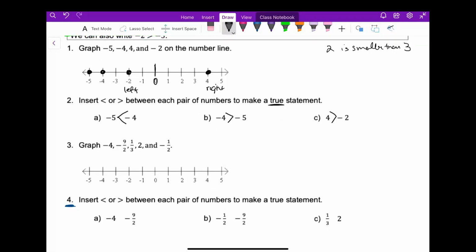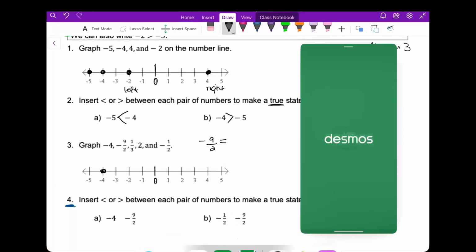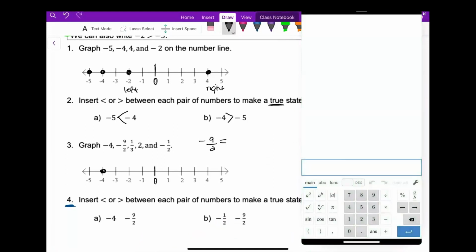So we have graph -4, -9/2, 1/3, 2, and -1/2. I always look at that 0 and then determine my left side. So here's -4, and -9/2. I can divide this. I can bring up my calculator if I don't know what to picture. So we have 9 divided by 2.